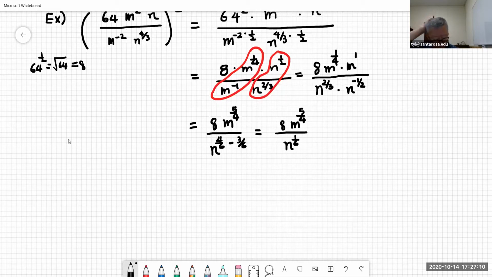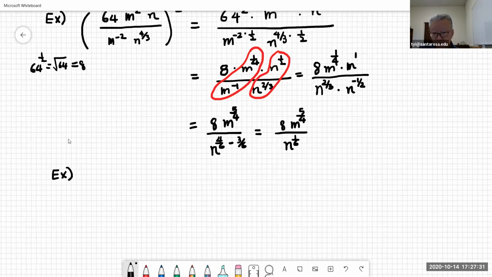Let me just do another one there. Sometimes it is much easier for us to simplify the radical using the rational exponents rather than using the radicals. One example will be something like this.